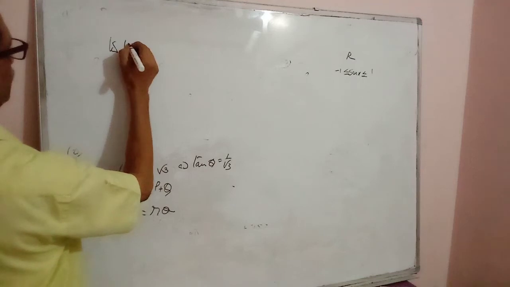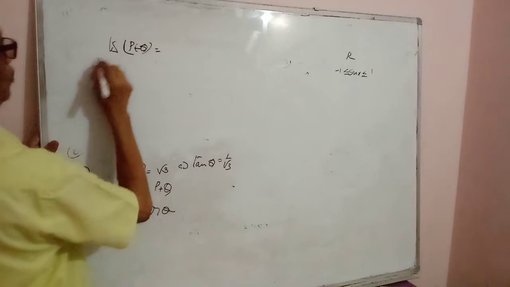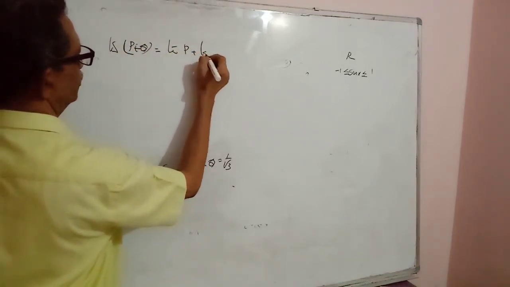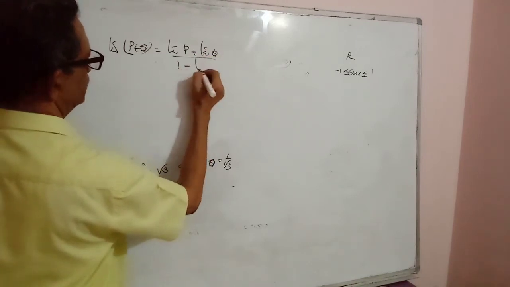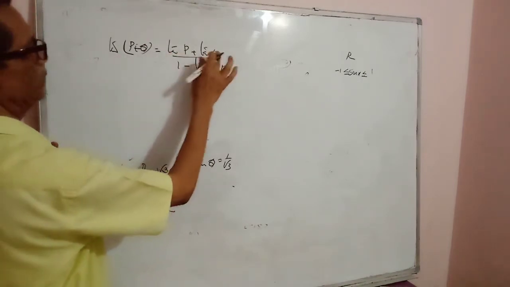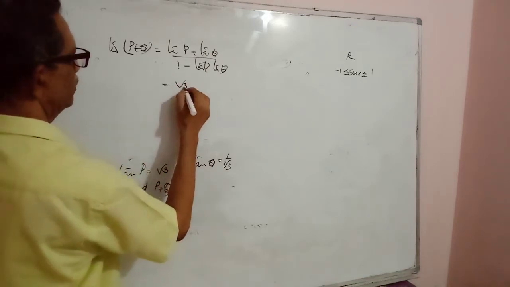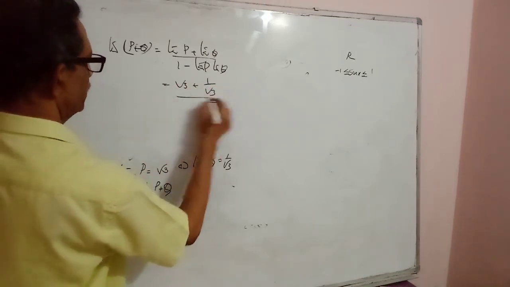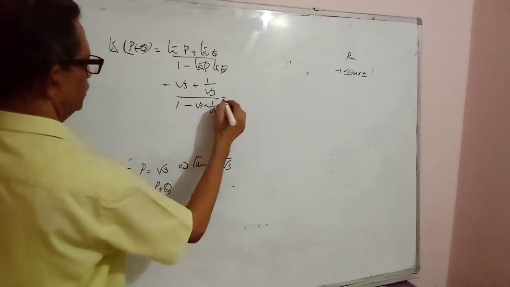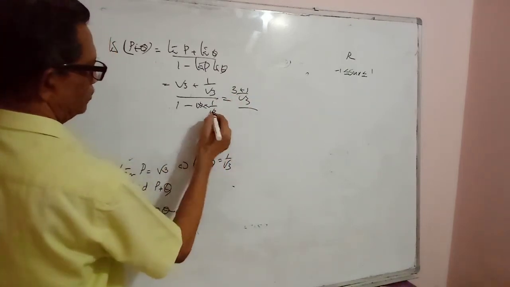Tan(P+Q), the tan of the sum of two angles, is equal to tan P plus tan Q divided by 1 minus tan P into tan Q. We have the formula tan(A+B) is equal to tan A plus tan B divided by 1 minus tan A into tan B. Tan P is given as root 3 and tan Q is given as 1 by root 3, so this is root 3 plus 1 by root 3 divided by 1 minus root 3 into 1 by root 3, which is equal to (3+1) by root 3 divided by 0.